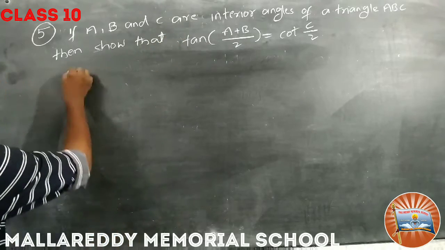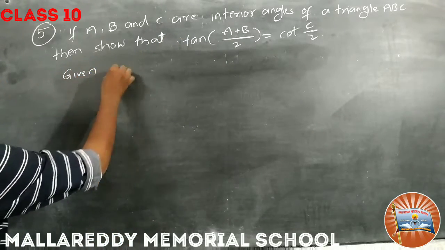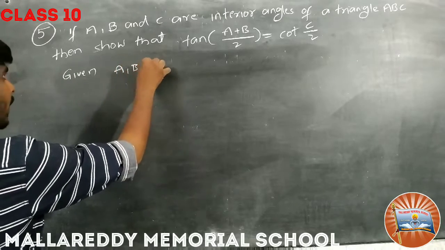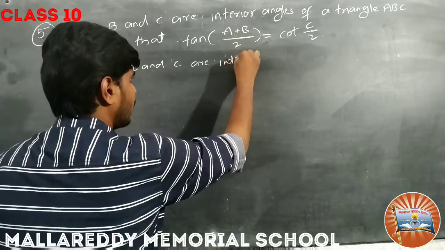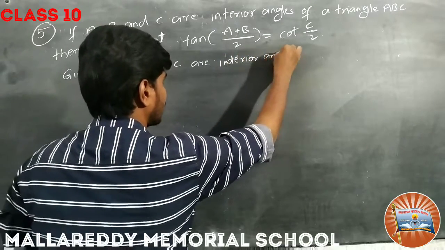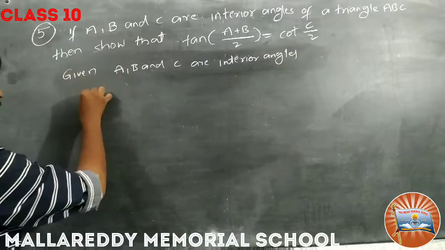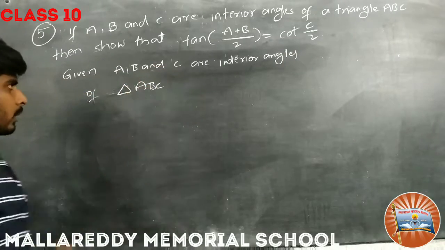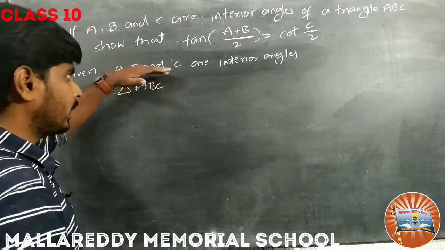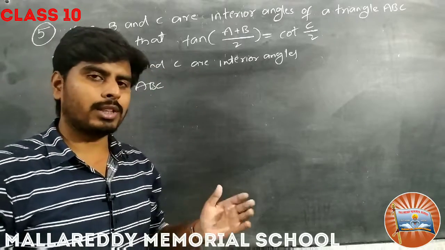Okay, so given A, B and C are interior angles of triangle ABC. If these are three interior angles, what is the sum of these three angles, ma?